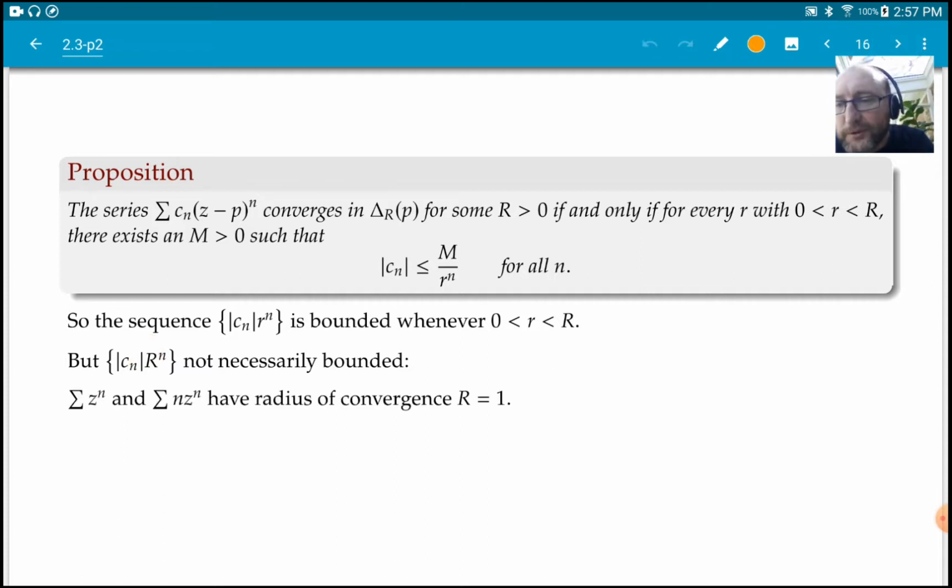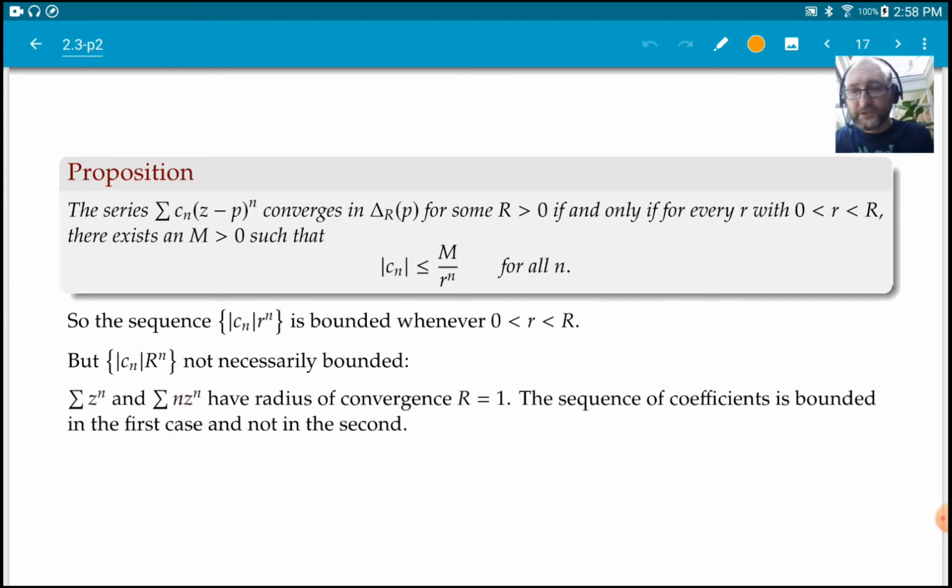So for example, we have the geometric series, we've seen that before. And this one over here, which is modified a little bit, we stick an n in there. Both of these you can compute have radius of convergence 1. So they converge in the unit disk and diverge outside the unit disk.